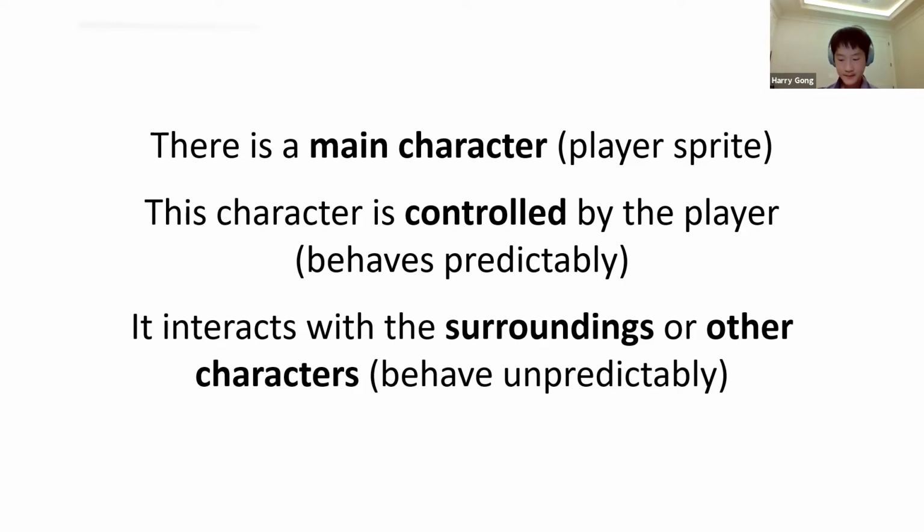And when the other characters, which might be opponents or obstacles that the character is trying to get around, behave unpredictably, that's what makes the game interesting and fun to play.